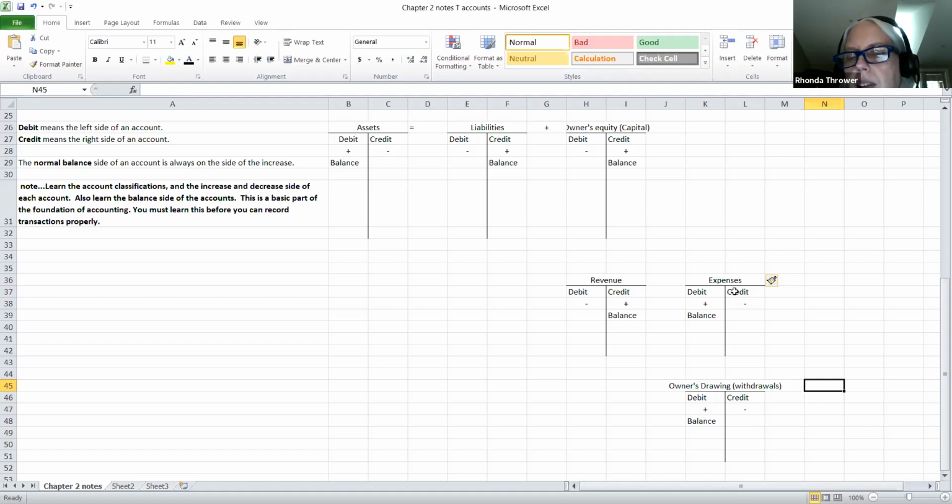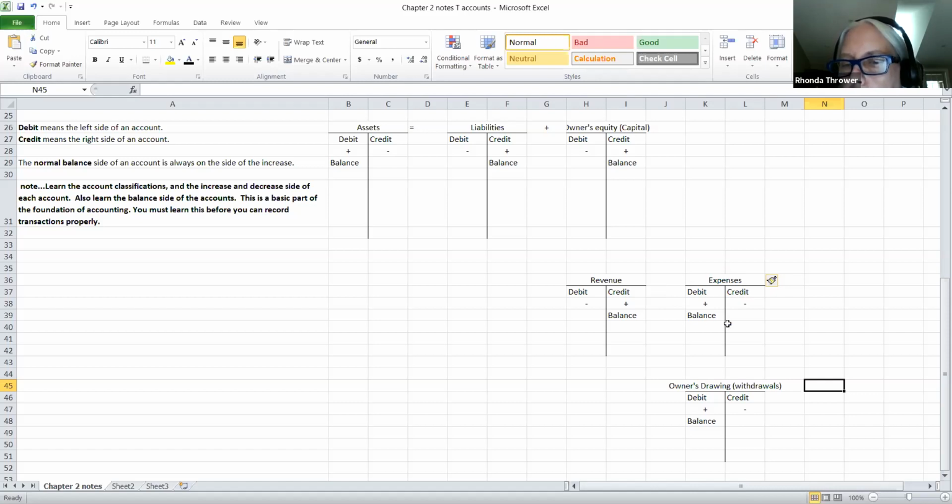Notice I have these out to the side of revenue because when we prepared our income statement, you'll remember our revenue and our expenses went on the income statement, and the expenses pulled on the revenue. By deducting the expenses from the revenue, it would give you net income.